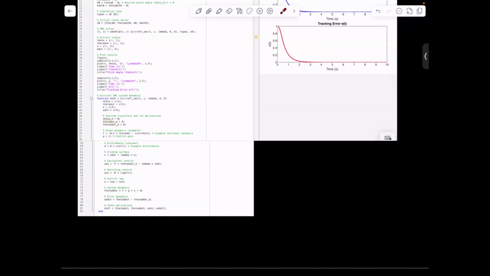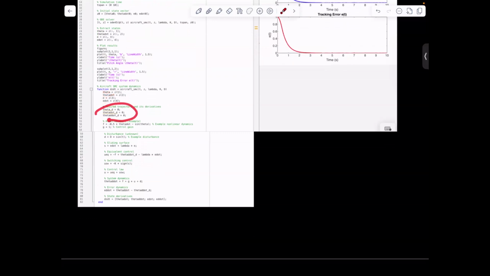And this is the function on which the dynamics is defined. So we have theta, theta dot, e and e dot, and these are our desired values we have defined. This is the known dynamics we defined in the beginning of the problem, and this is the disturbance we have considered.